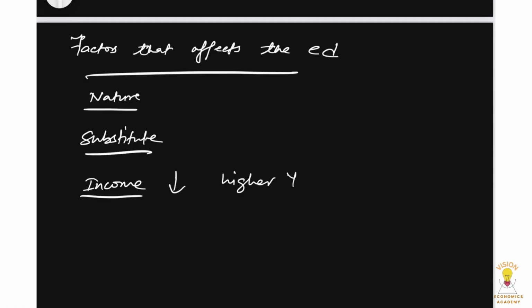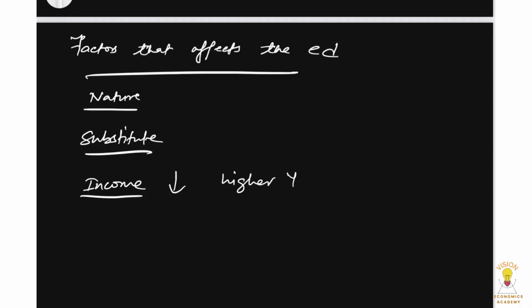If there is a slight change in the price, their budget can get affected, right? So there are a number of things that we can think of, like time period, the share in the total expenditure, and the level of price also affects the price elasticity of demand.